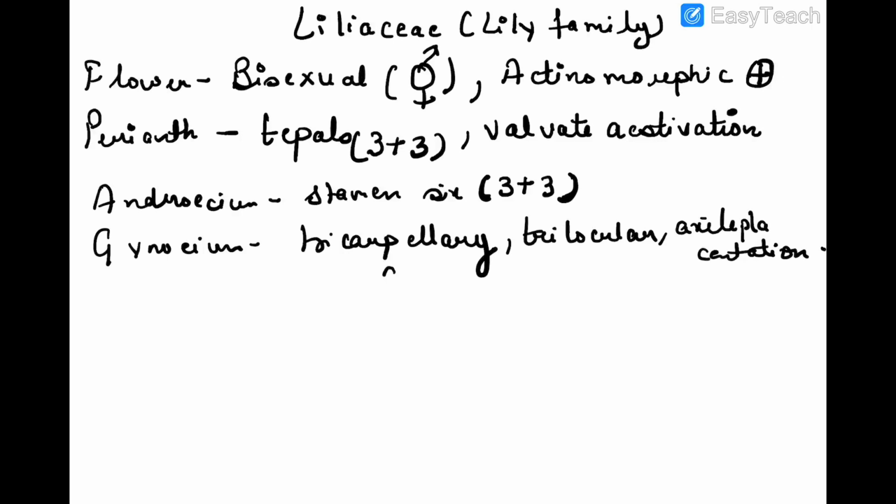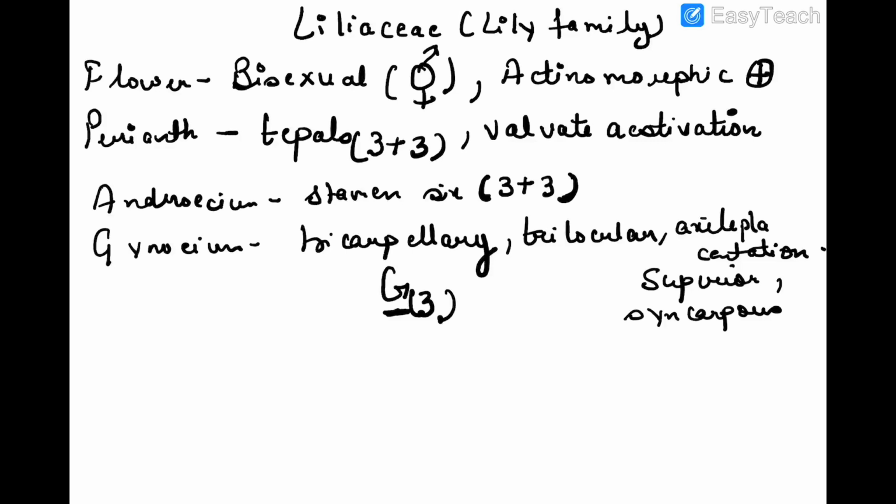So if the gynoecium is tricarpellary, we will write 3. For tricarpellary, the ovary is superior. It is a hypogynous flower. So superior ovary would be written like this, with a line at the bottom, and it is syncarpous. Tricarpellary and syncarpous means it is united. So we will also put this in bracket.